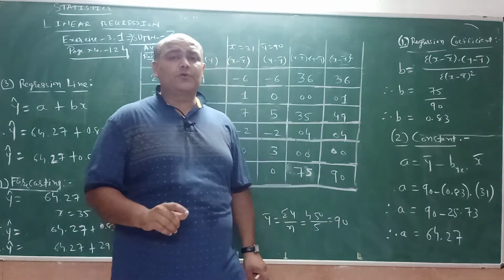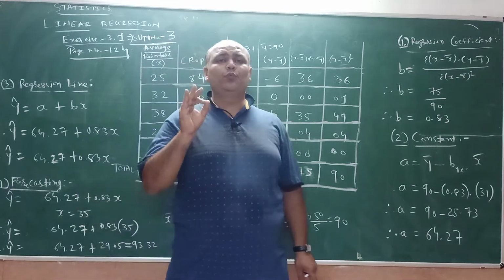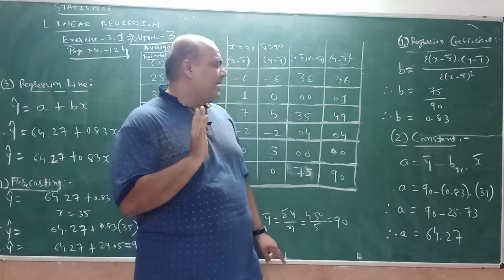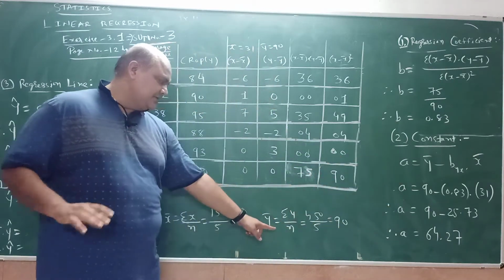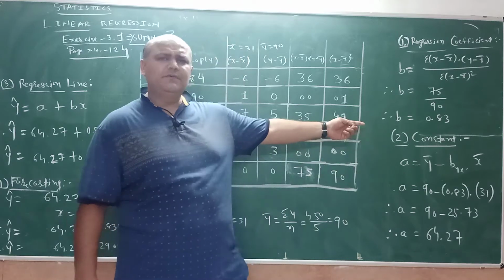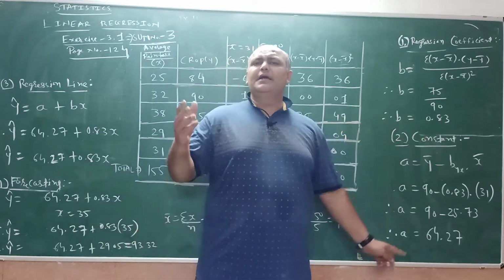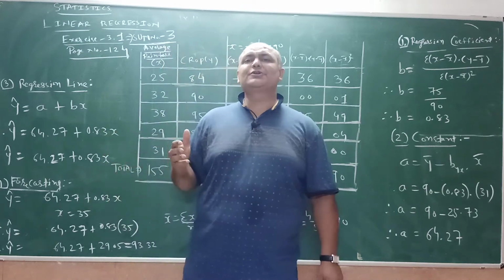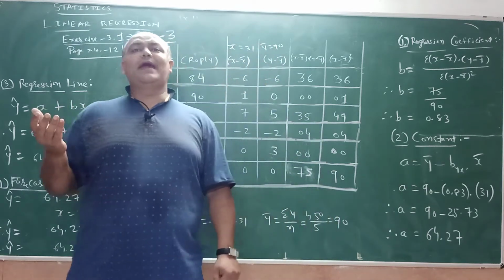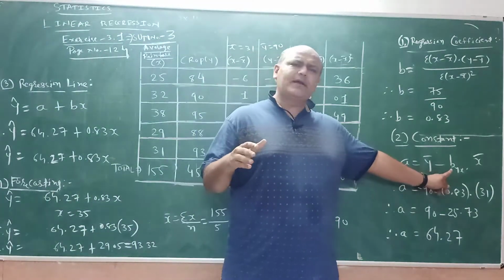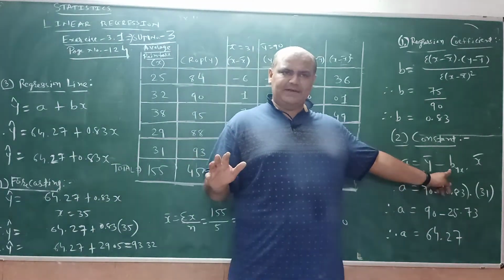The second step, my dear friends, is the constant. The formula for the constant is a equals y bar minus b into x bar. Y bar is 90, minus byx. Byx means b. There are two regression lines, y on x and x on y, so we write byx; you can write b also, both are same.